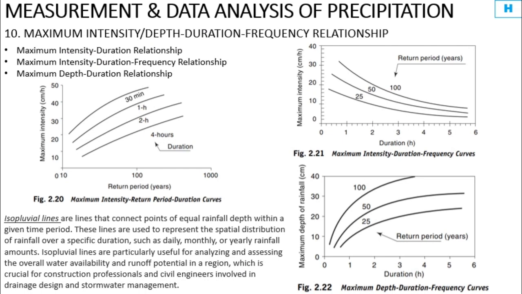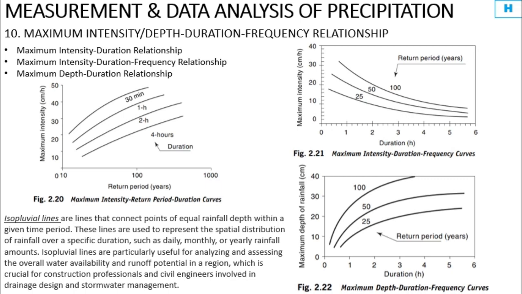Next is maximum intensity, depth, duration, frequency relationship. So, silang lahat mayroong effect sa isa't isa. So, we put them on graph to show their relationship. So, figure 22.20, this is the maximum intensity versus return period versus duration curves.